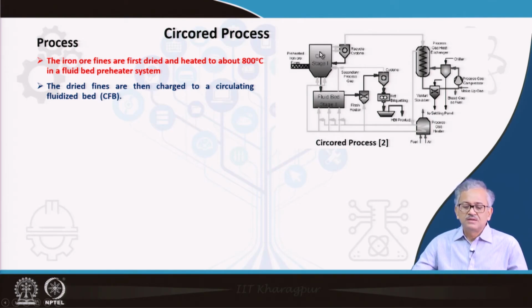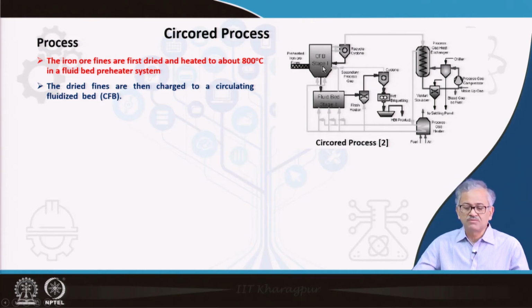Then these dried fines are charged into a circulating fluidized bed for pre-reduction. Okay, this is the circulating fluid bed. You can see the undersize will come through this, and the unreacted product will come through this and will be circulated like this.